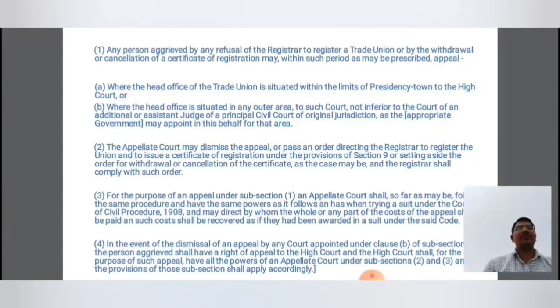The appellate court may dismiss the appeal, or pass an order directing the registrar to register the union and issue the certificate.